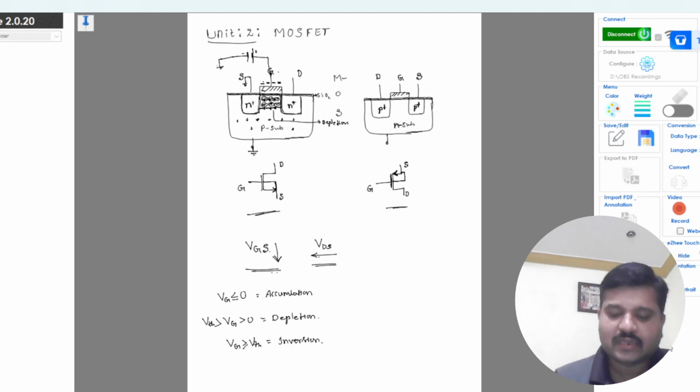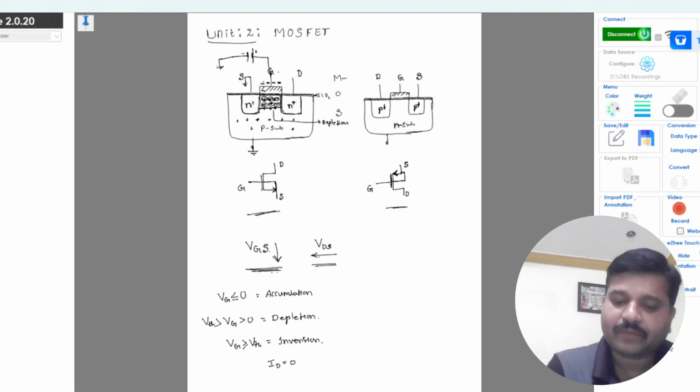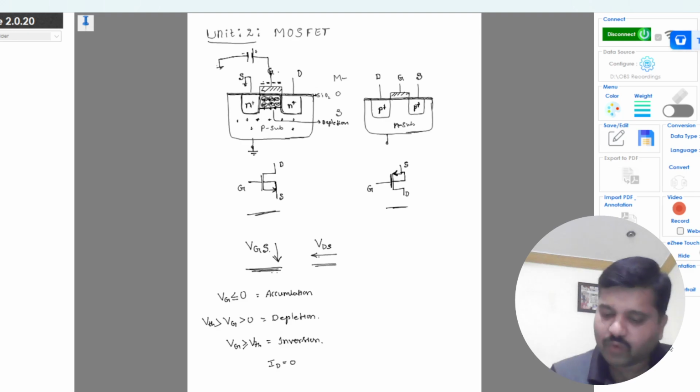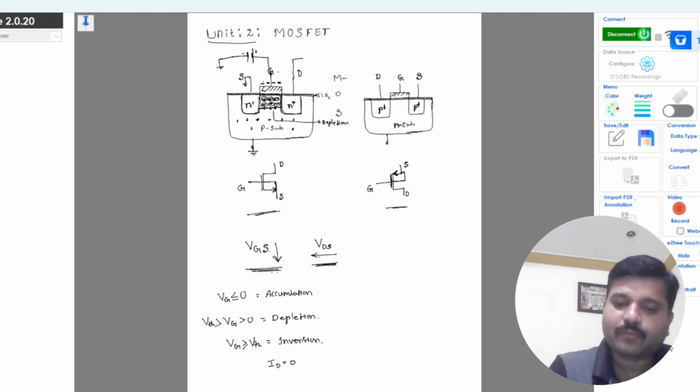Okay, so these are the different regions of operation with respect to the vertical field, that is when we apply the gate voltage. But when we apply the gate voltage, still the current will be 0. ID is the current flowing from drain to source, because next we apply the horizontal field, which is the drain to source potential, with the drain being positive with respect to the source, the reference.